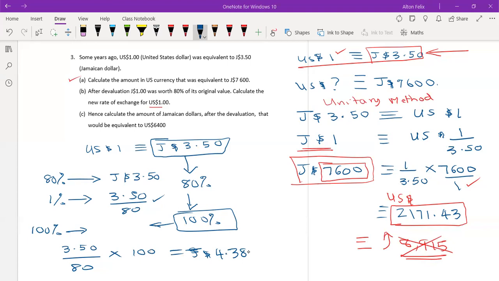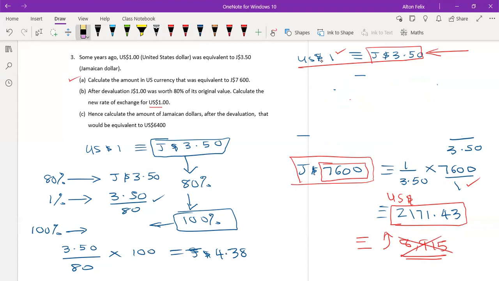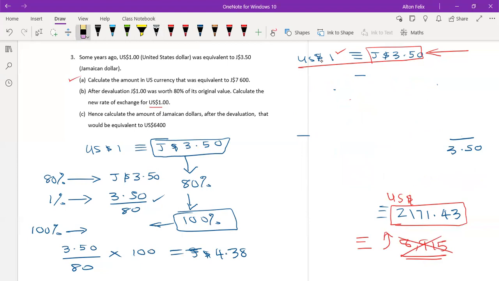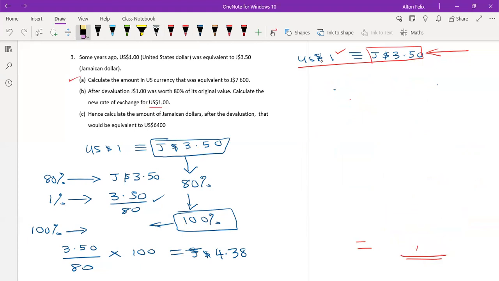So the new rate is now, right, so let's make some space on the right. The new rate is now US $1 equals Jamaican $4.38. And of course, we're going to answer the last part of the question there.